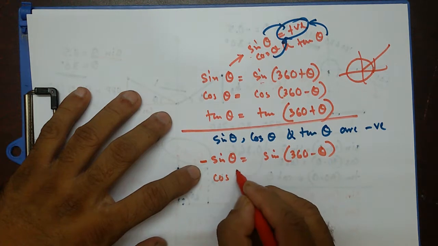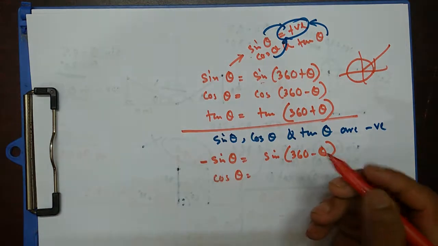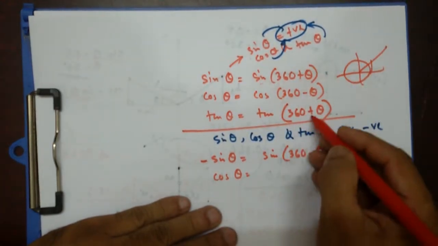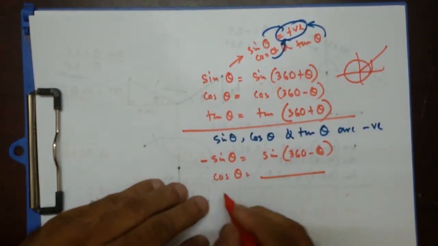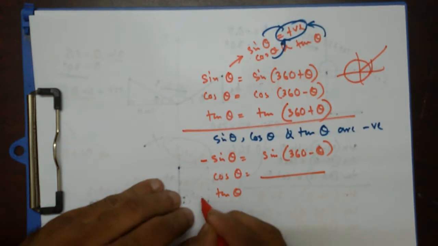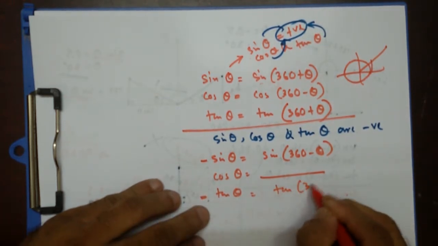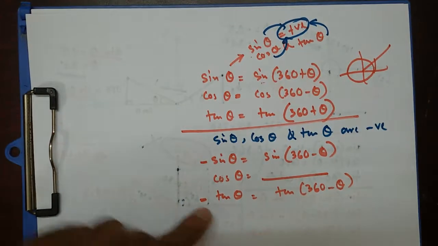Then cos theta, since it's negative, I cannot put that in the fourth quadrant, because this is the fourth quadrant, so it's not going to be valid over here. So I leave it empty. Tan theta, negative tan theta, is going to be tan 360 minus theta. This is in the fourth quadrant, negative, so this is that.